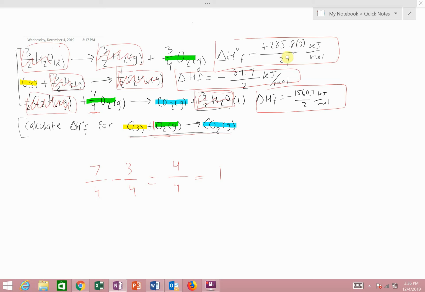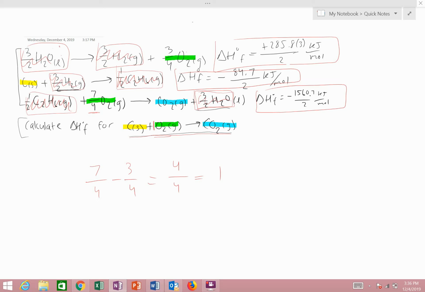I don't think there was supposed to be a 1 right here. So just notice that it's going to be 285.8 times 3 divided by 2, and then you're going to add it to whatever this term is, which is negative 84.7 divided by 2, and then you're going to add all that by this term, negative 1560.7 over 2. And once you add those all together, you should get your final answer.